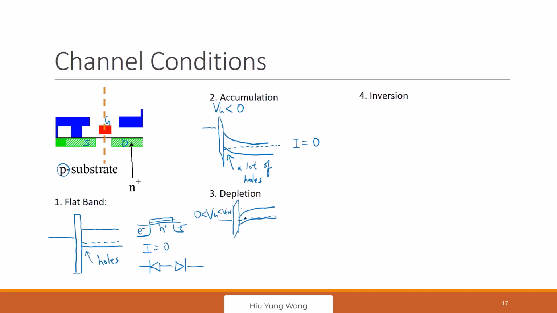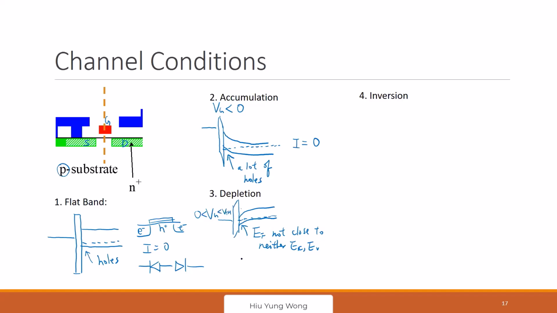Then I might have something like this. Not a good drawing, but at the surface, the Fermi level is in the gap. It's not close to either Ec or Ev.